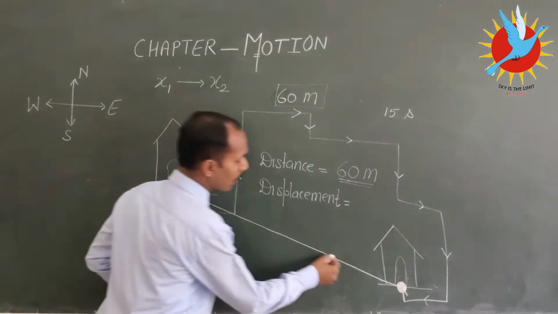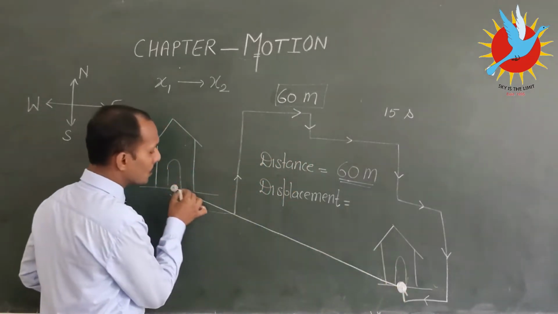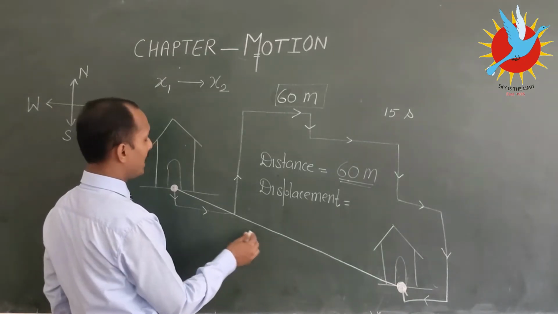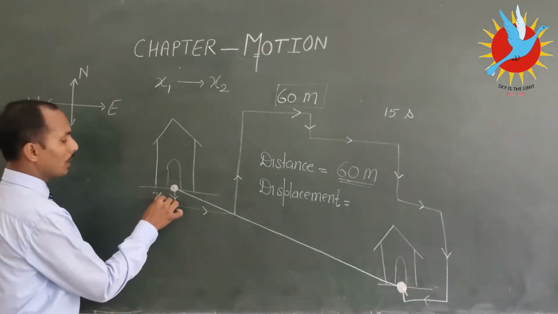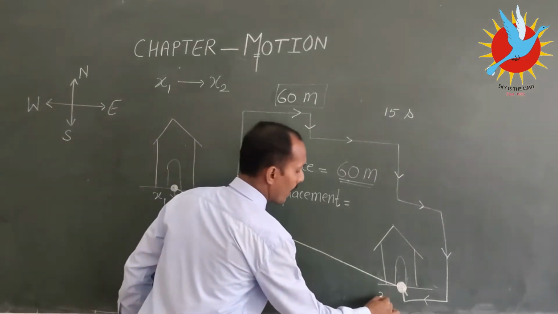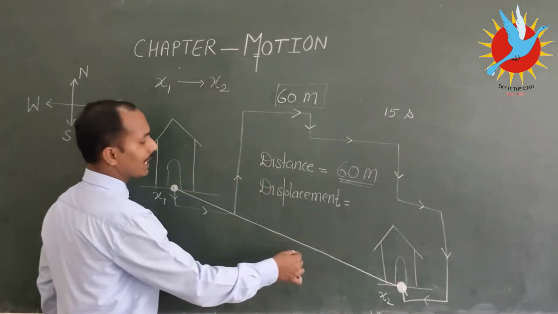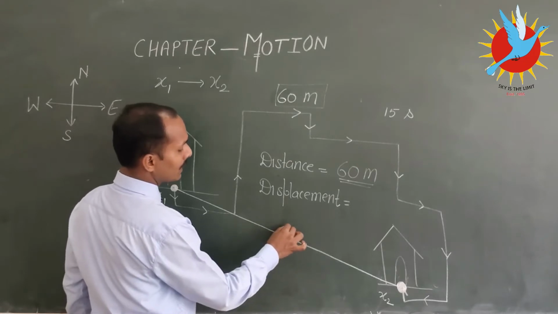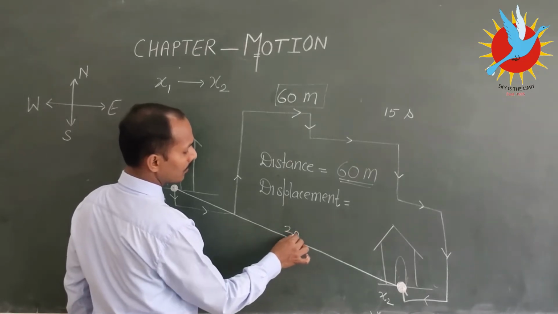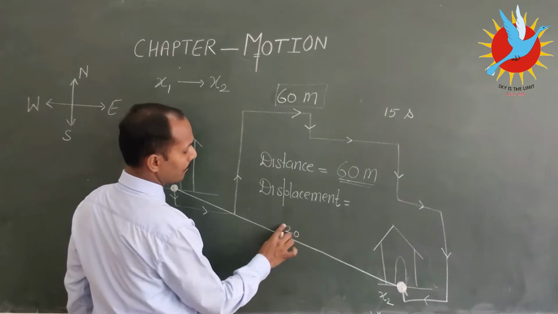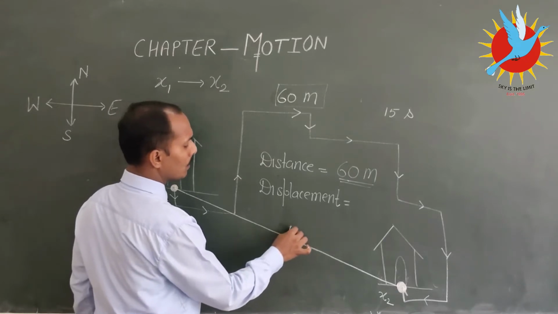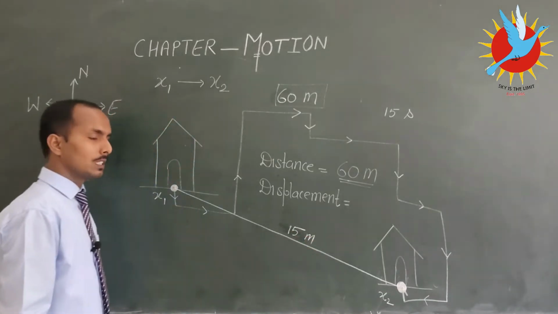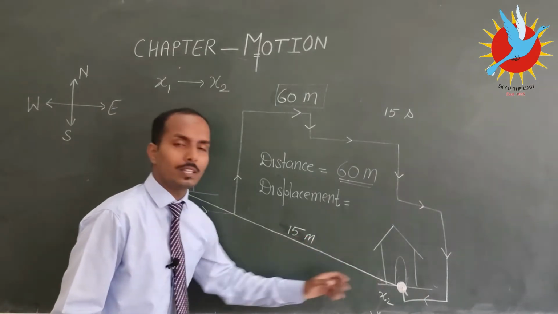So this length is known as displacement. This is the initial position, this is the final position. Suppose its length is 15 meter.